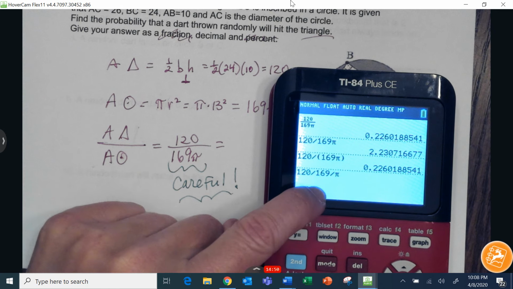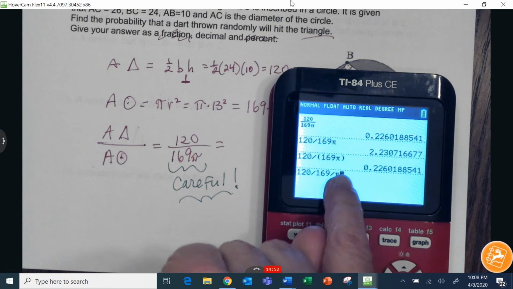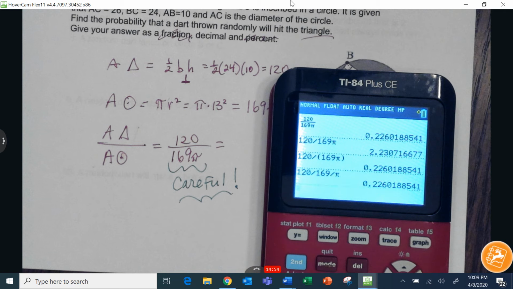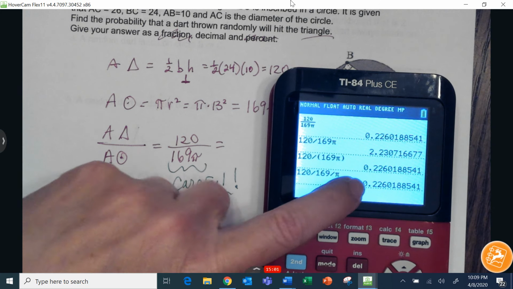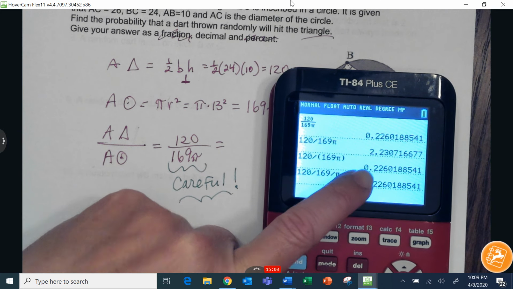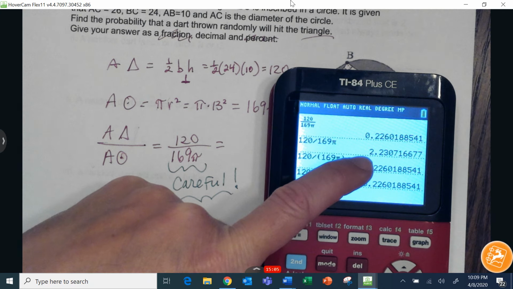So that both 169 and pi are dividing the 120. So you can see all those three give you the same answer where this one did not. So just be very careful. Again, it has to be less than 1 if it's a probability. So that should tell you right there, I can't be right on that one.